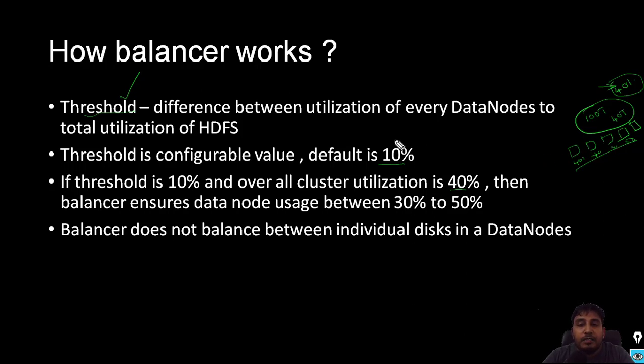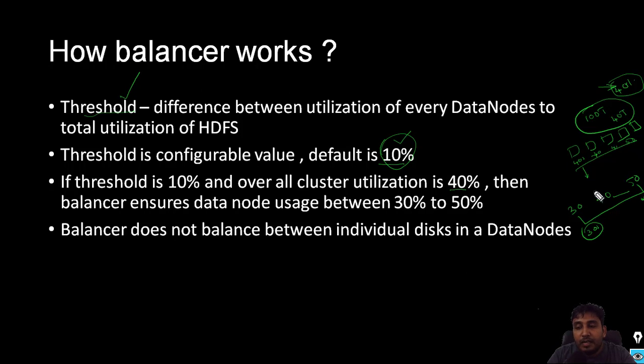But for that, we add a threshold value. If I'm adding 10 as the threshold, then with 40% as our total usage percentage, plus the threshold gives 50 and minus the threshold gives 30. So each data node usage can be between 30% and 50%.